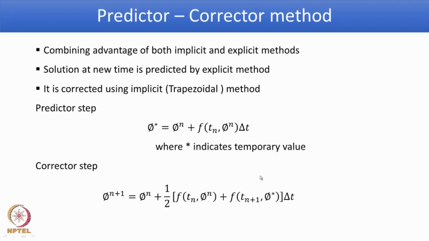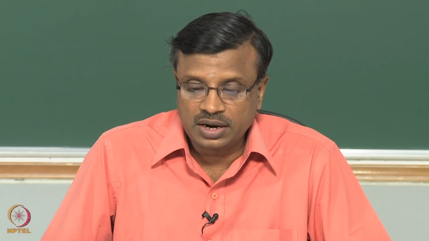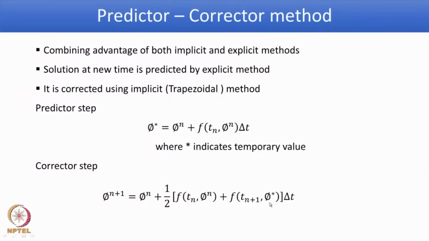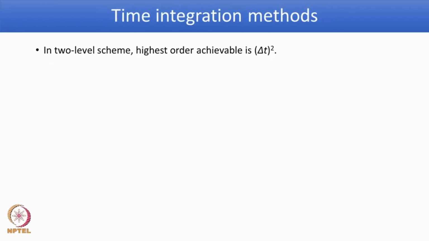When you use the trapezoidal rule, the predicted value becomes a known value, and that is what is suitably used when you write down the explicit part and the implicit part. This is what is known as the corrector step. This method of 2 levels is second order accurate in time. In a 2 level scheme, the highest order achievable is delta t squared.